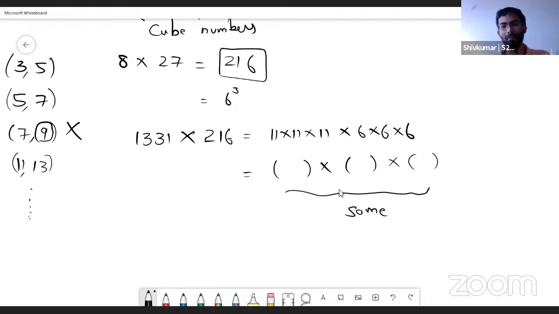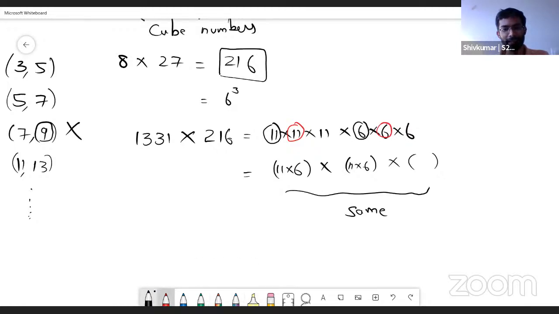What if I take 1 11 and 1 6 and put it in the first basket? Now, can anyone complete this approach? 11 into 6, 11 into 6, 11 into 6. Exactly. Now I can take the next 11 and next 6 and put it in the second basket.